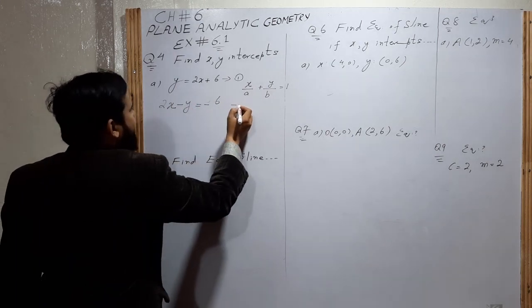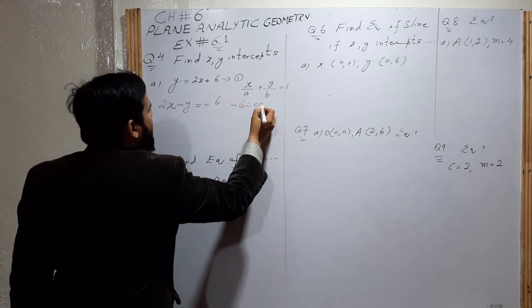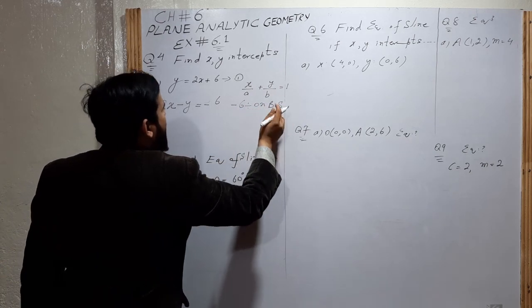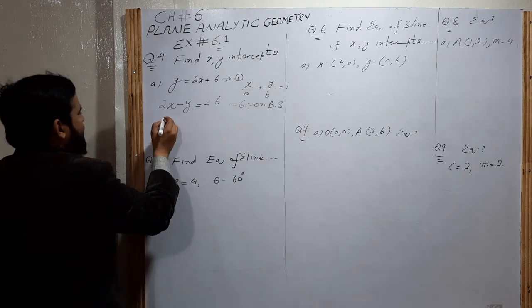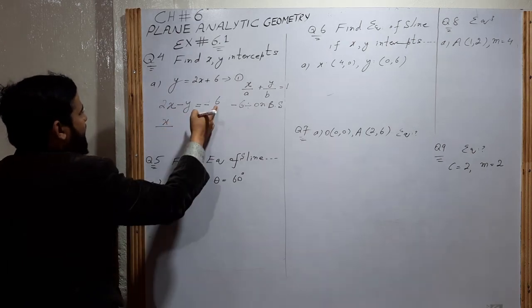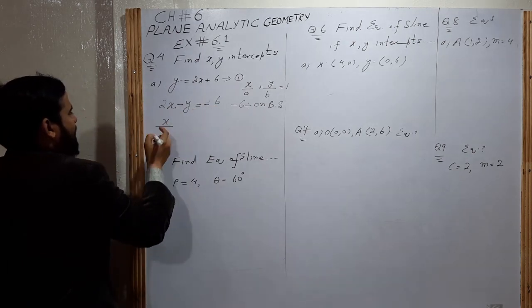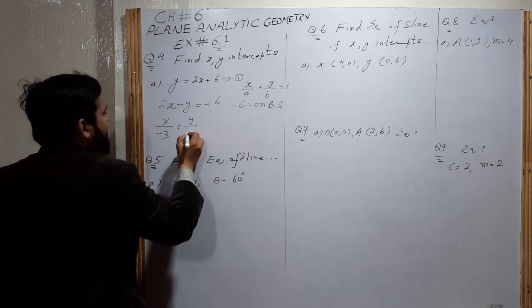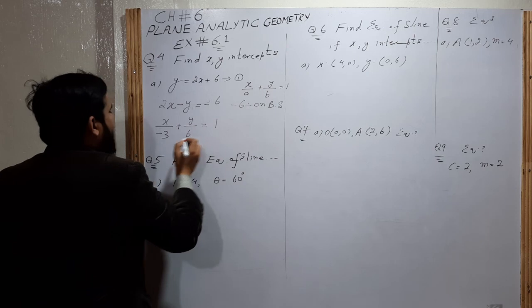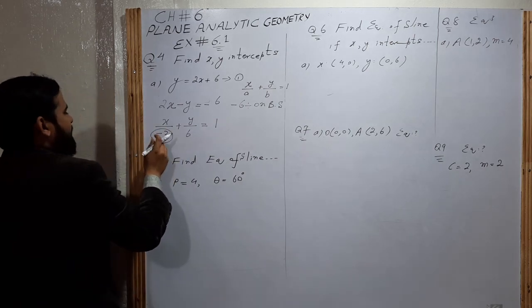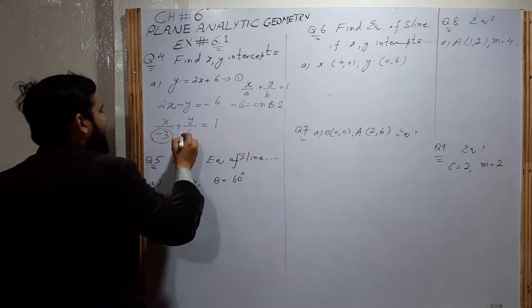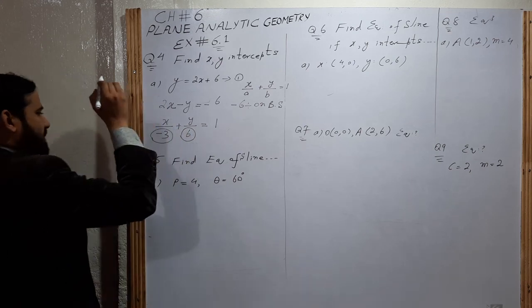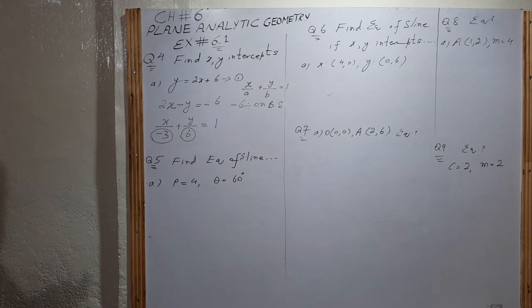Divide by -6 on both sides, because on the right side there is 1. So this is x divided by -3, plus y divided by 6, equal to 1. So in this case the x intercept is -3 and the y intercept is 6. This is the second method of question number 4.